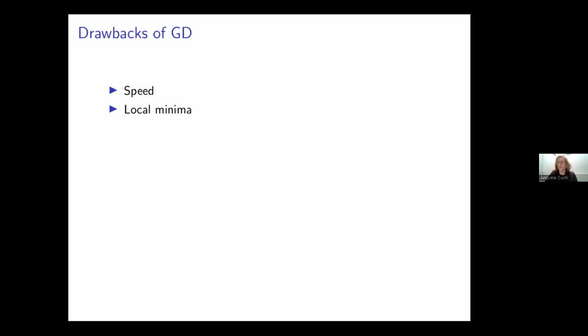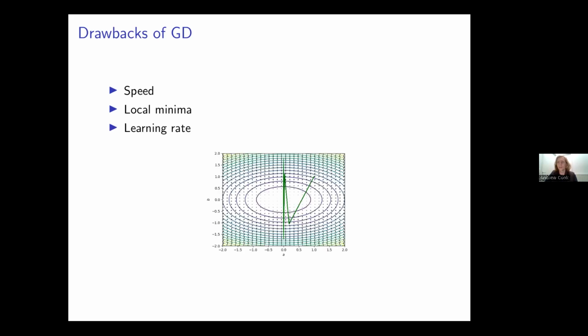So this is where it's important to be very careful when you choose your learning rate. Because if your learning rate is too small, then like I was saying before, the convergence can really slow down and almost come to a stop.